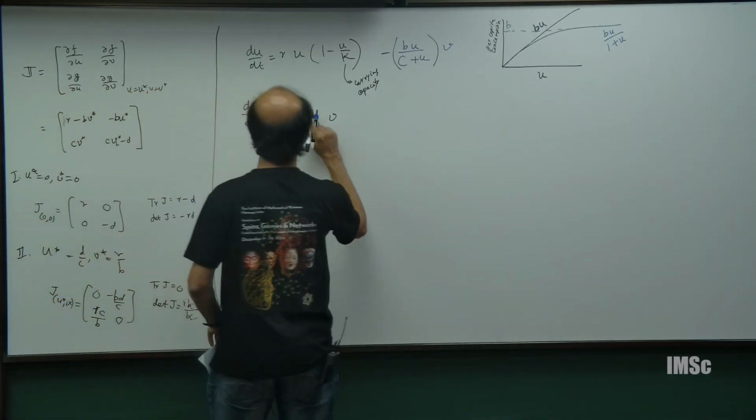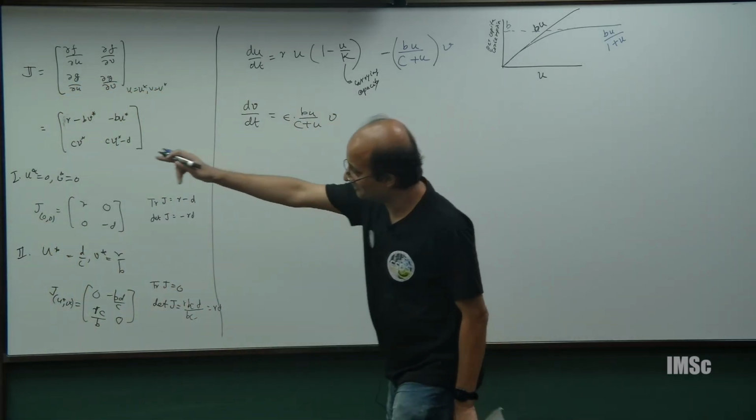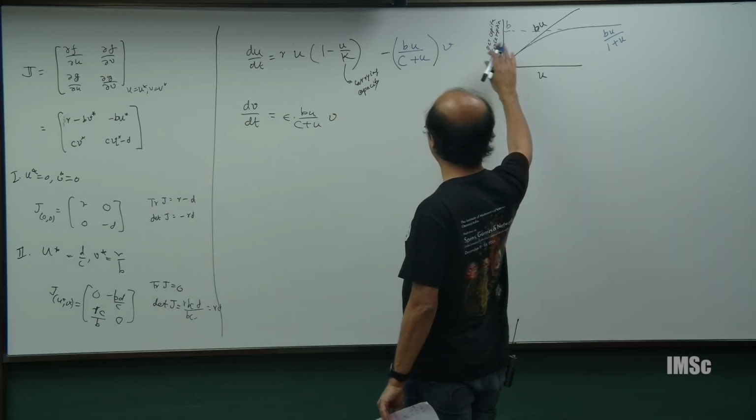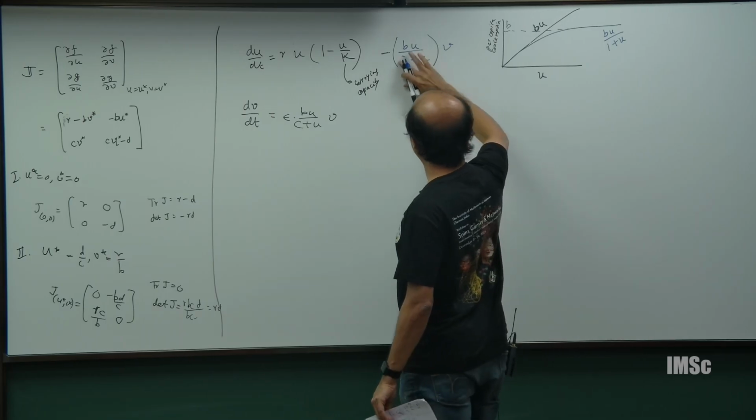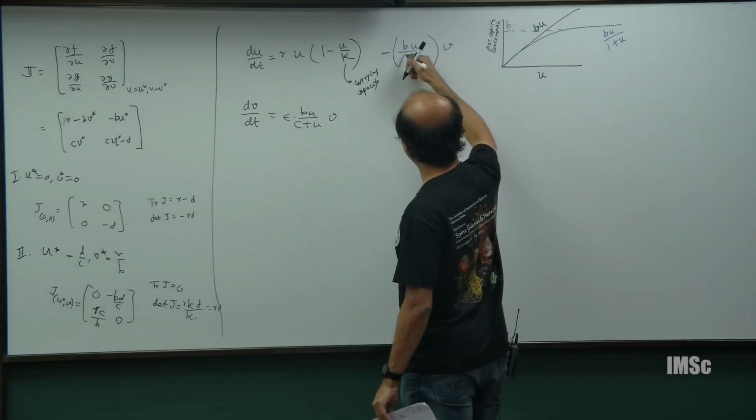Sorry, I probably used a small c there, so I hope you won't be confused with this capital C. Actually, instead of capital C, let's call it A to avoid any confusion.